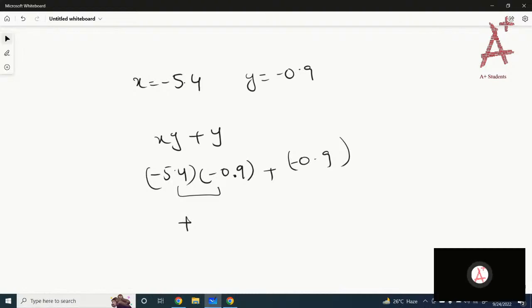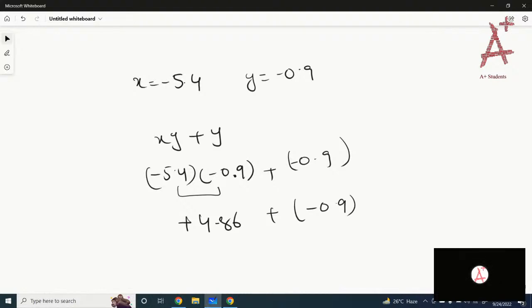So you have to do 5.4 times 0.9. It would be 4.86, and plus negative 0.9. You are adding two numbers with different signs, so you have to subtract them, and the sign of the answer is the sign of the greater one, which is positive.